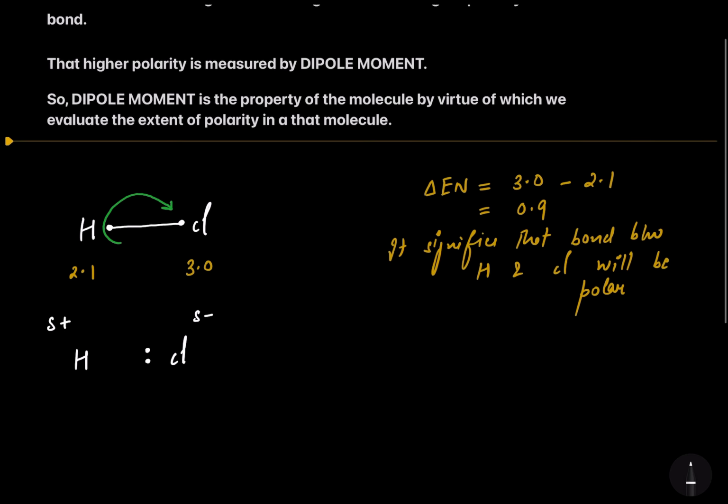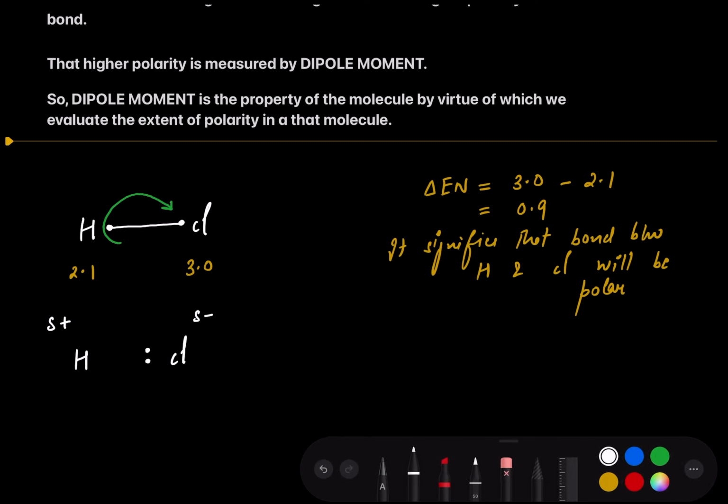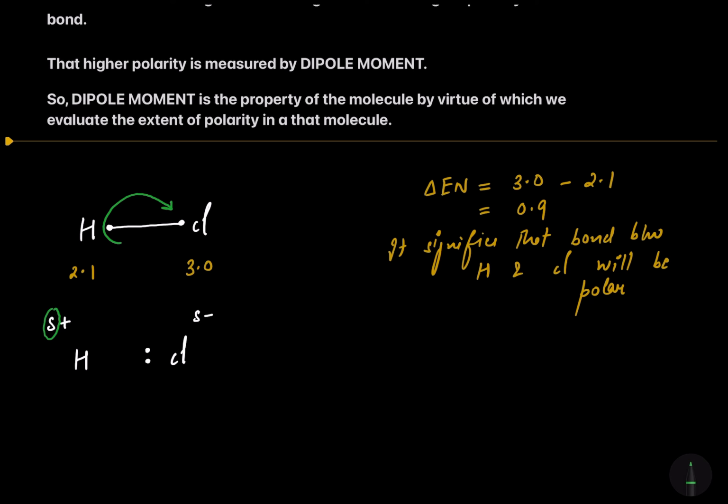So, the value of this delta, I'm ignoring the signs, will be directly proportional to the electronegativity difference of the combining elements.